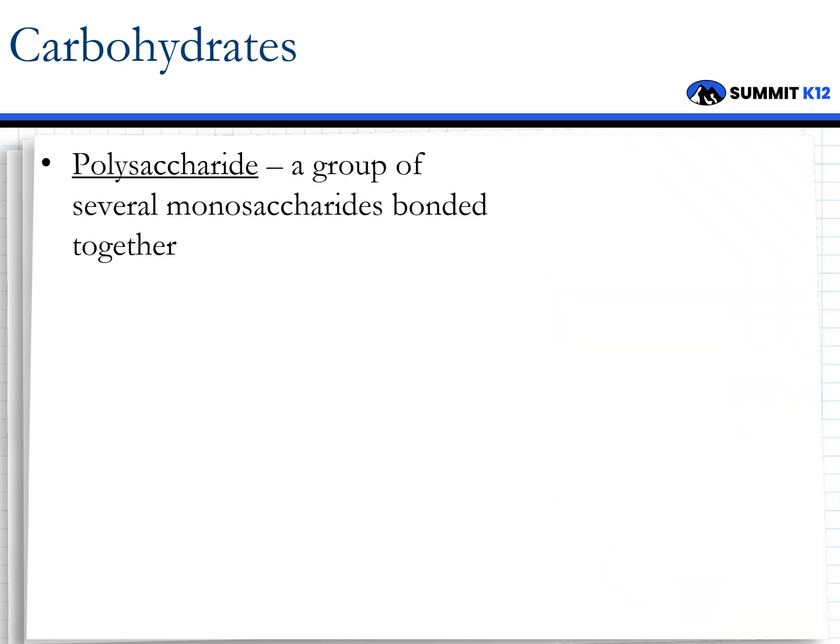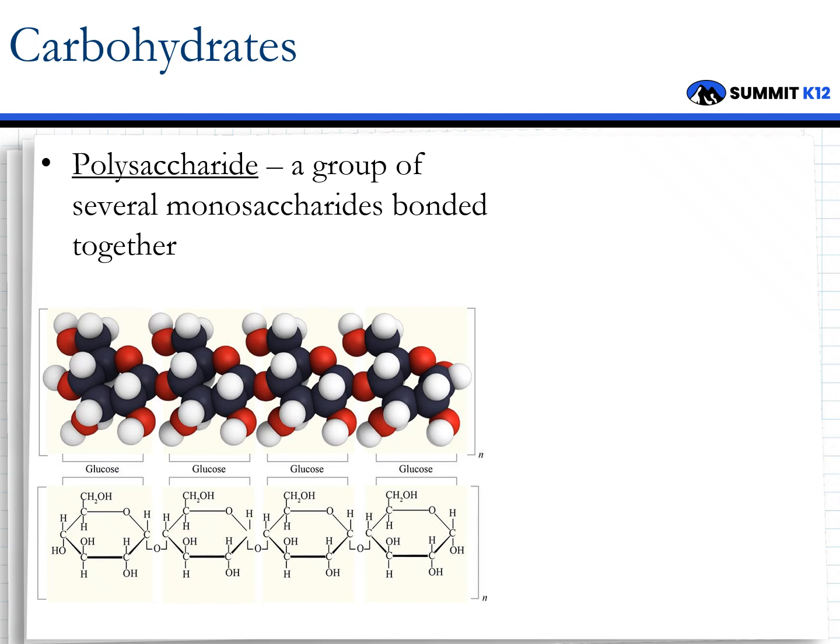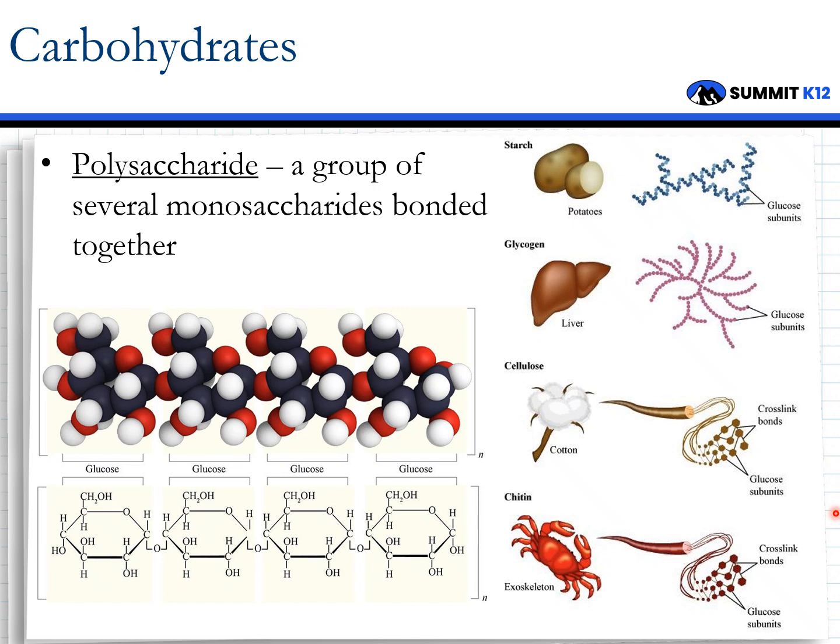Polysaccharides are a group of several monosaccharides bonded together through dehydration synthesis. Once again, you can see we're pulling out water to bind these together. We can find these in starches like potatoes, in our liver glucagon, which controls our blood sugar level, in cotton, in cellulose, and in chitin, which is the exterior of most invertebrates.